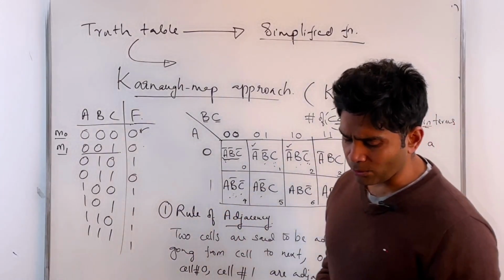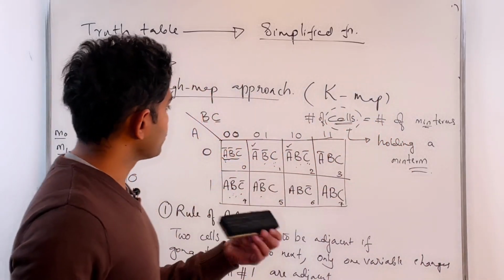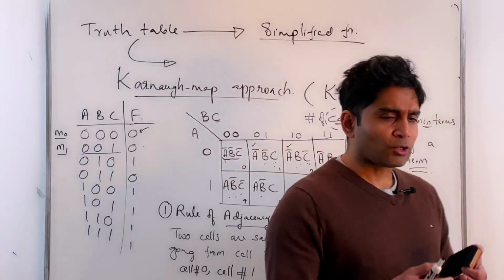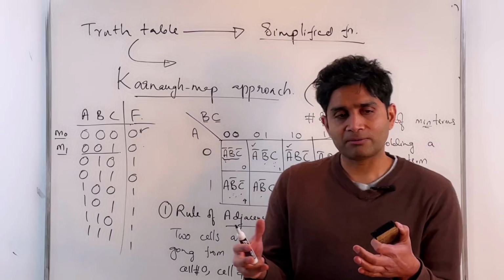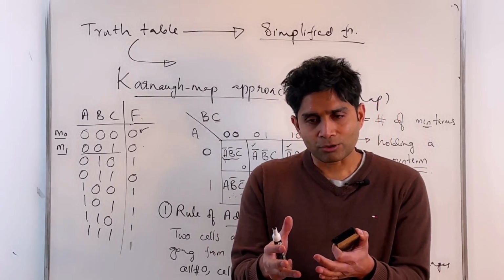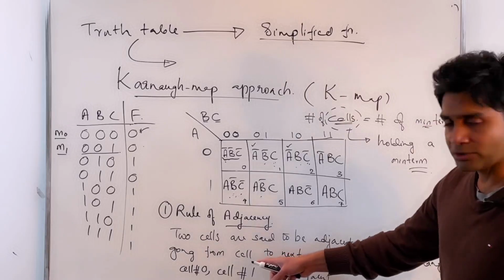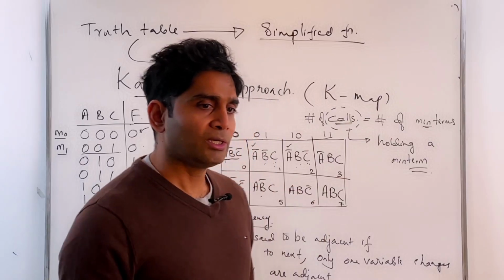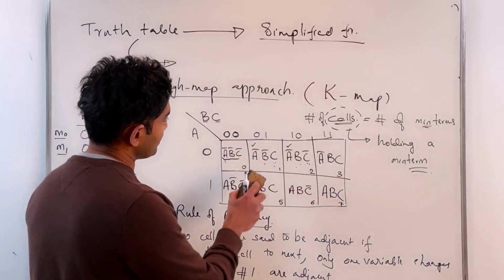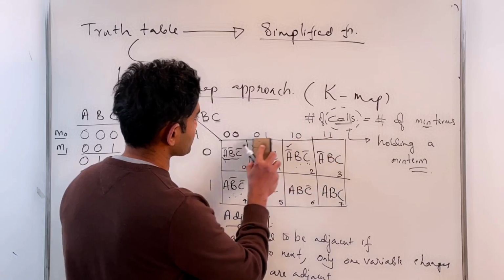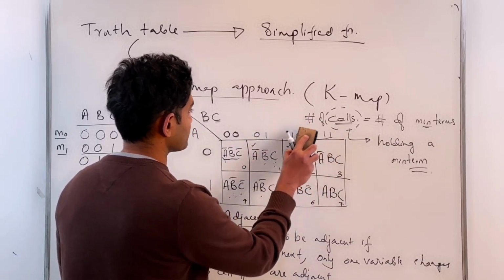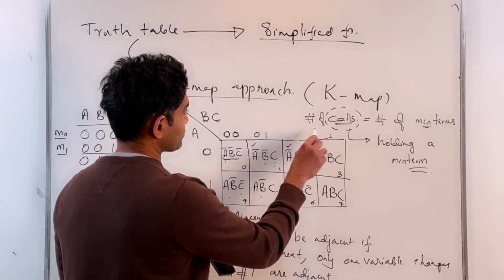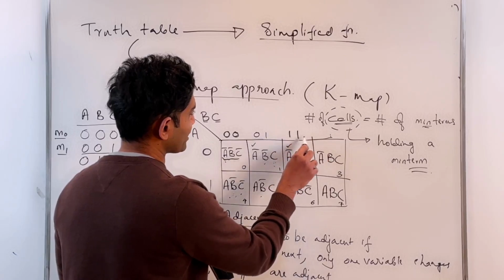Now, what we need to do is draw a K-map where the cells that are physically adjacent are also adjacent according to this rule. The simplest thing we can do to ensure that happens is we switch these two positions, okay? Instead of specifying it as 1, 0 and 1, 1, I will do 1, 1 and 1, 0.